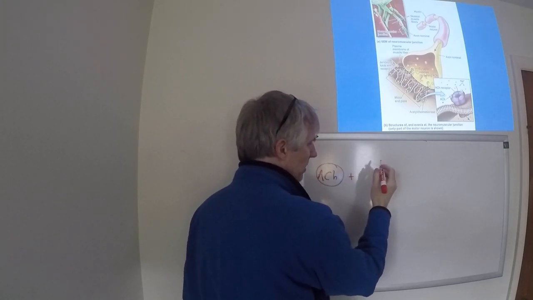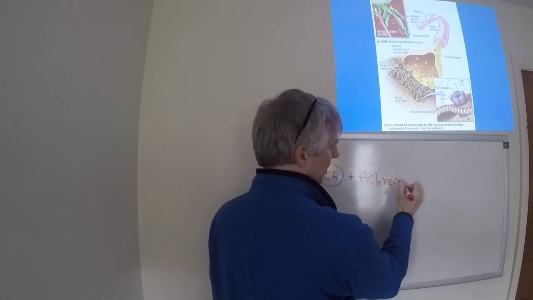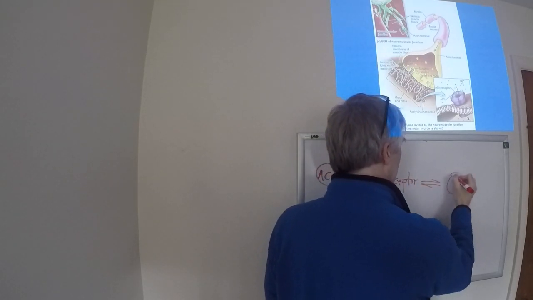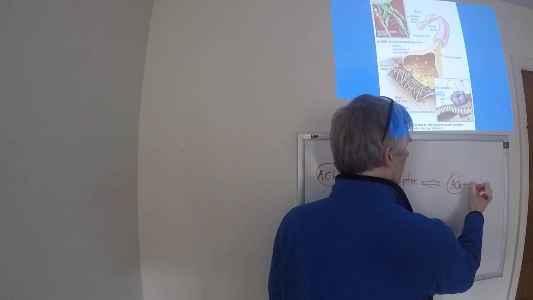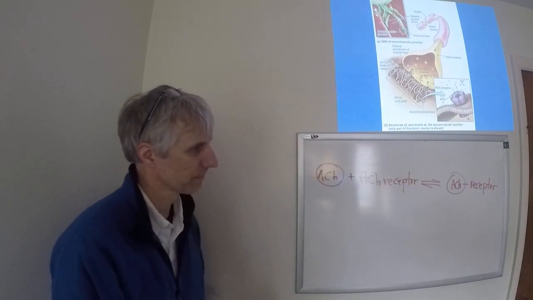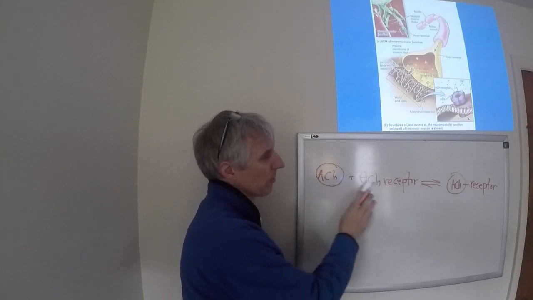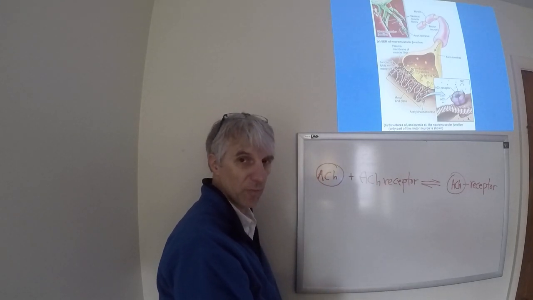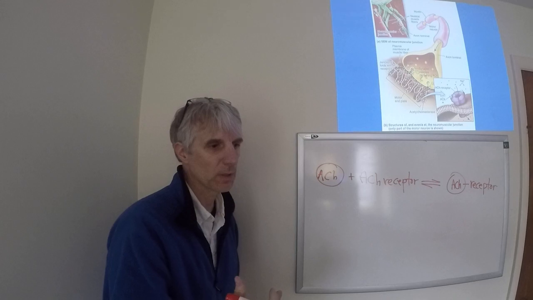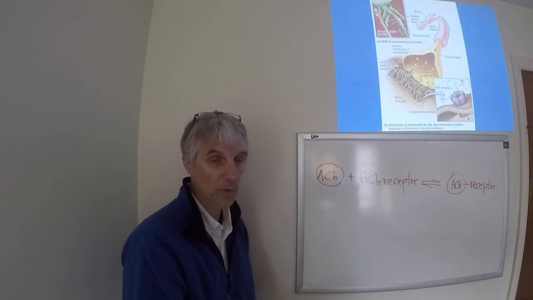So if I take acetylcholine plus an acetylcholine receptor, I get acetylcholine bound to the receptor. The more acetylcholine I have, the more acetylcholine I should have bound to the receptor. That's because ultimately receptor ligand interactions overall are basically dynamic equilibria.